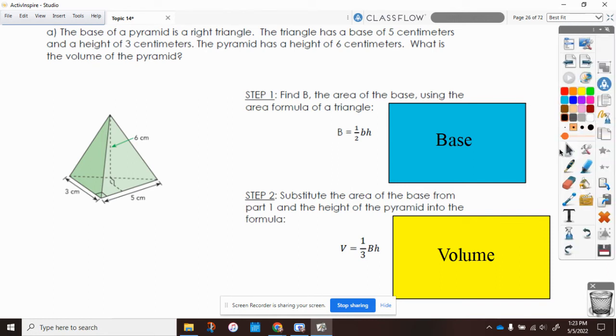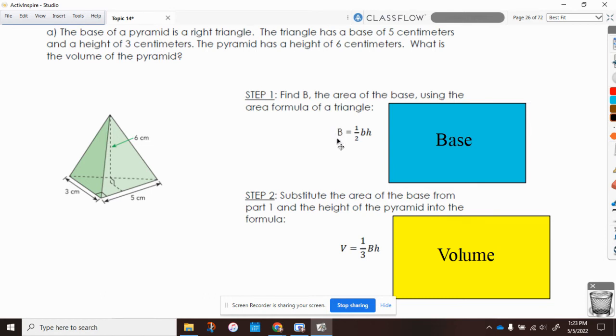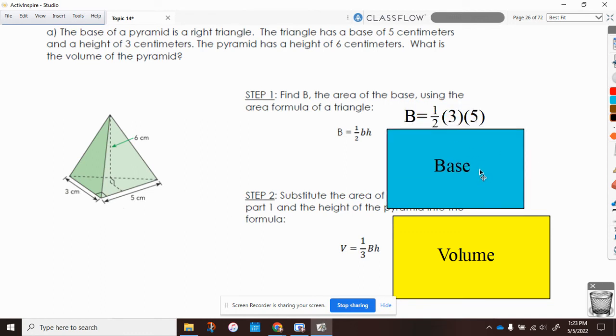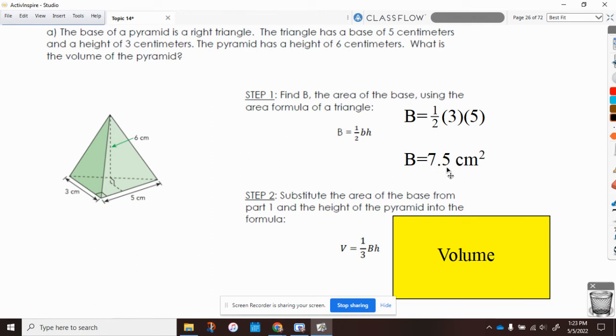So we first find our capital B, the area of the base. Since it's a triangle, we have to do 1/2 of BH, where the base and height are the 5 and 3. That's what it told us up in here, and that's what we have in the picture. So 1/2 of 5 times 3 gives us a capital B of 7.5.